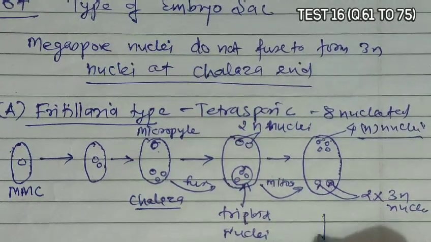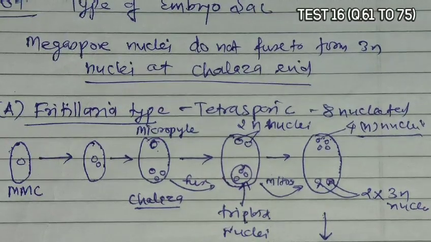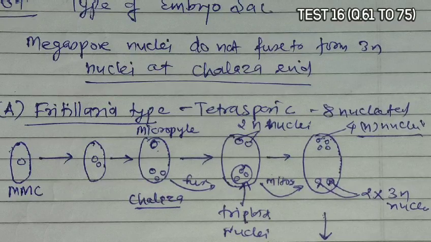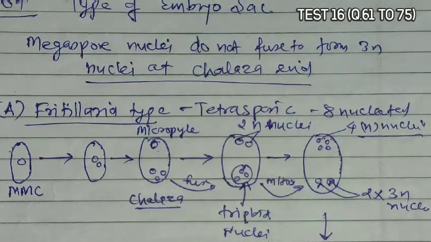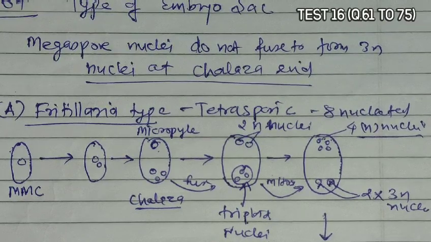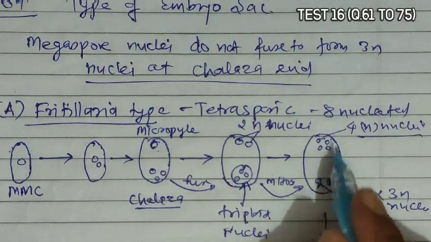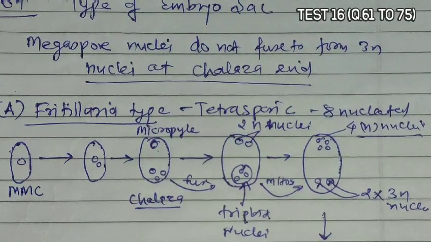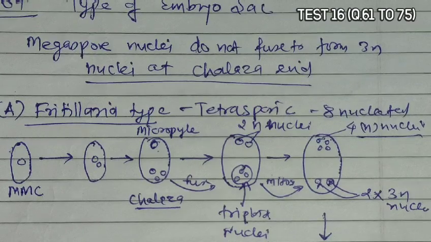Later, out of these 2 3n nuclei, 1 3n nucleus remains here and 1 3n nucleus comes to the center. Out of 4 haploid nuclei, 3 remain here and 1 haploid nucleus comes to the center, and by fusion of these there is formation of a 4n secondary nucleus.